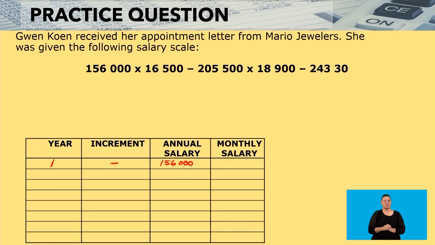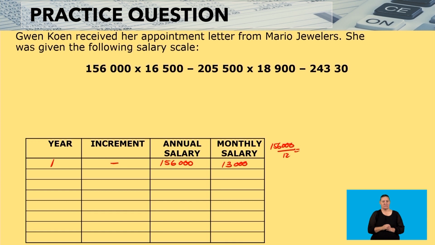That can allow us, therefore, to calculate the monthly salary. How do we do that? We say 156,000 divided, how many months are in a year? 12, thank you. So you divide this by 12, and this will give you 13,000.